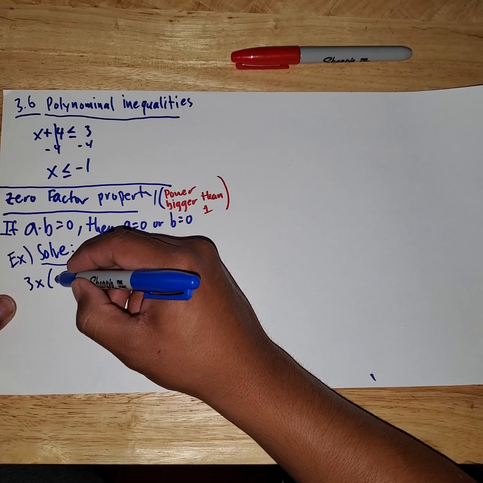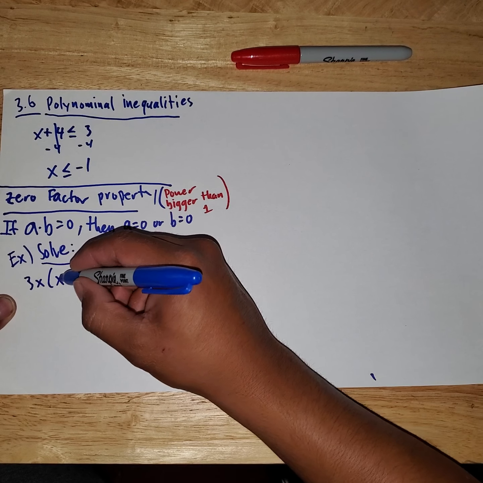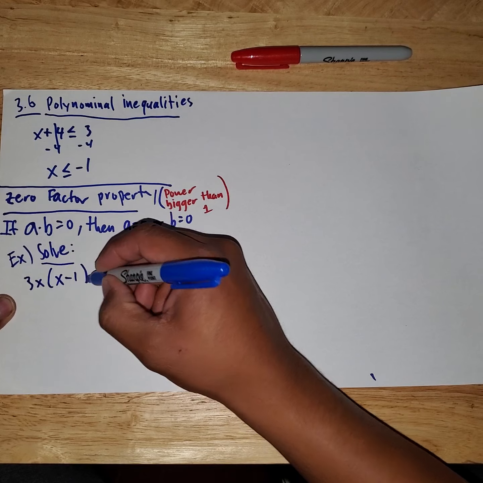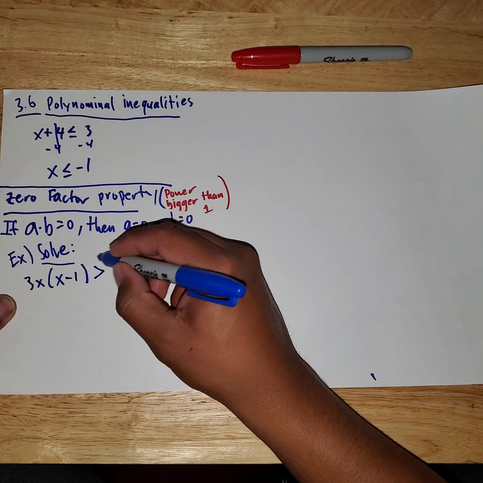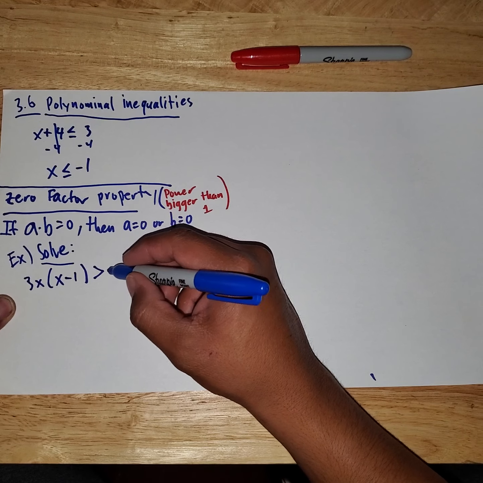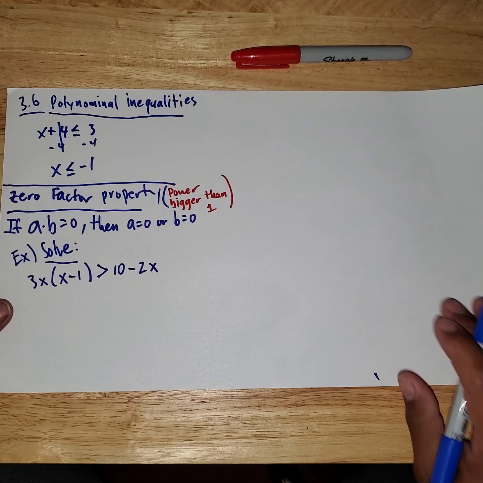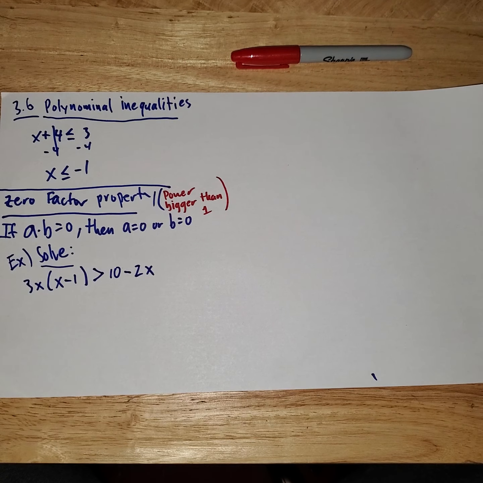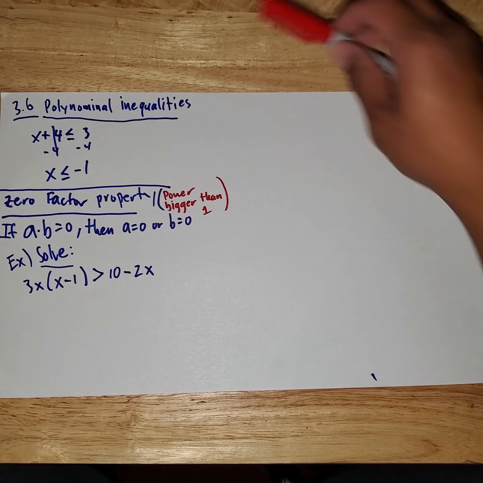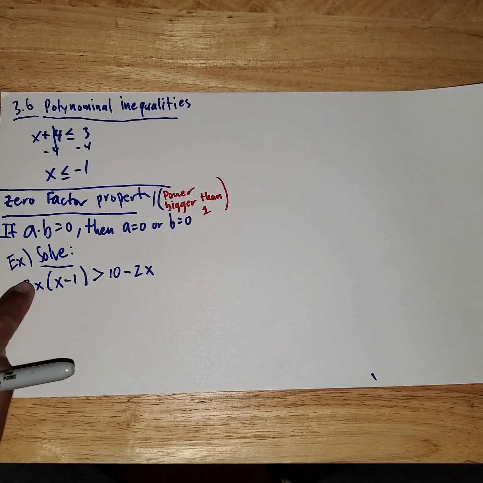So 3x times x minus 1 greater than, so that's the inequality part, 10 minus 2x. So hopefully at first glance, it looks almost like a linear inequality, just because everything looks like it has a power of 1.